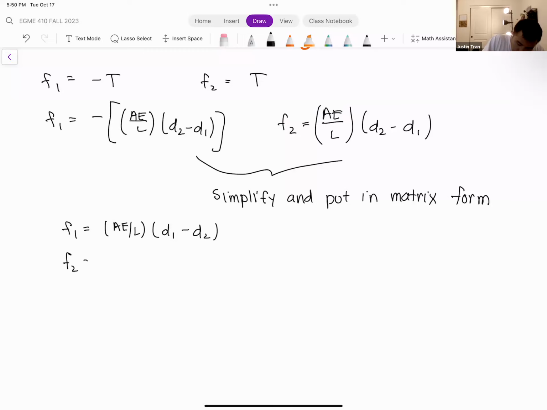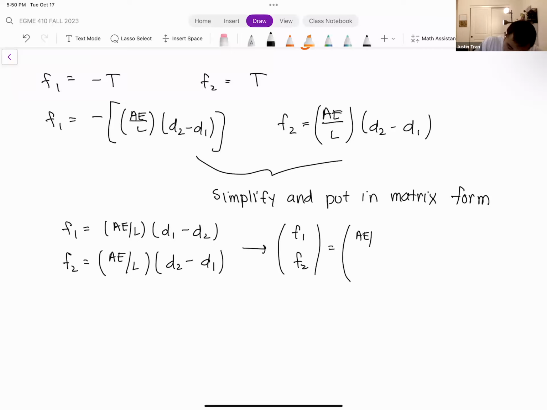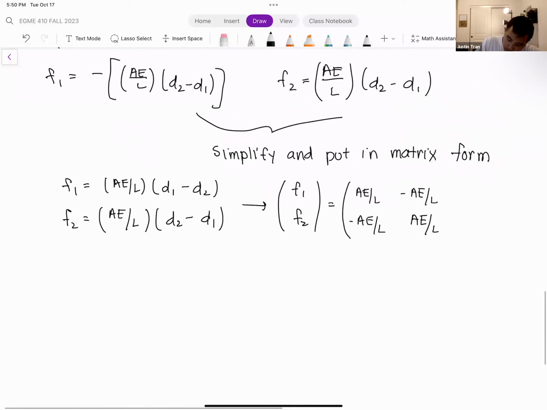And F2 is equal to AE over L times D2 minus D1. So in matrix form, we have F1, F2 is equal to positive AE over L, minus AE over L, minus AE over L, positive AE over L, times D1, D2.